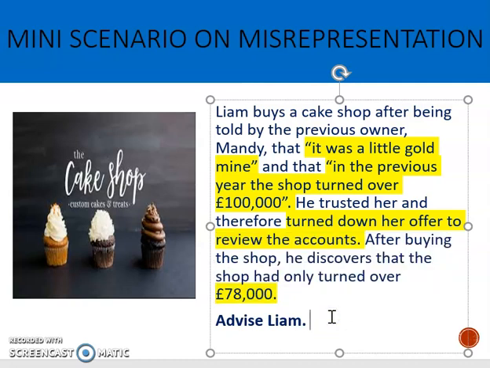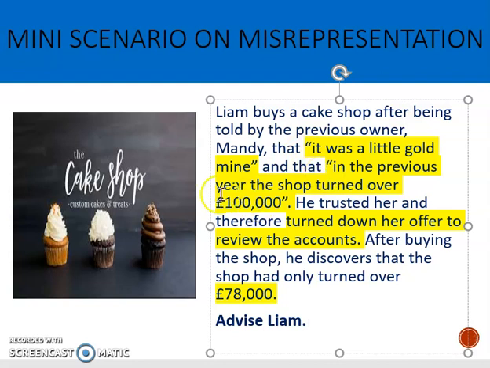So we need to show that there was a false statement of fact which induced the contract. We seem to have inducement here because he trusted her. So key phrase there, he trusted her, he took her on her word. Now, have we got false statements of fact? Now, "a little gold mine" is a bit problematic because that could potentially just be a statement of opinion like Bisset v Wilkinson.